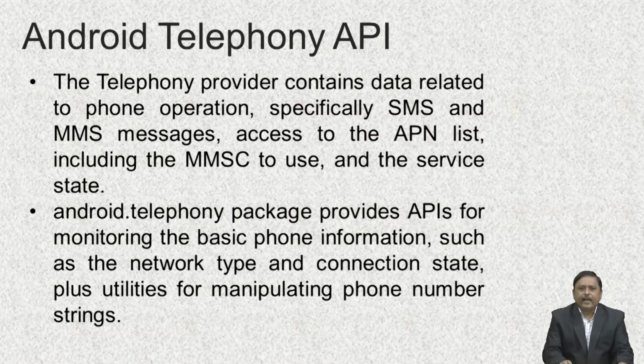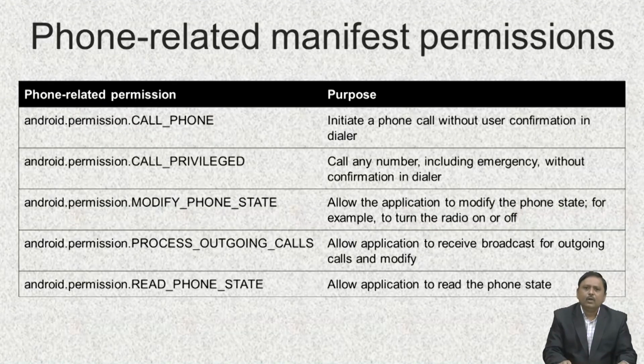It is available inside the android.telephony package, which provides APIs for monitoring the basic phone information such as network type that we have discussed earlier and connection state, plus utilities for manipulating phone number strings, etc. Using this class, you can listen to various call events, you can get telephony information, you can send SMS programmatically, or you can know when a particular SMS is received, etc.